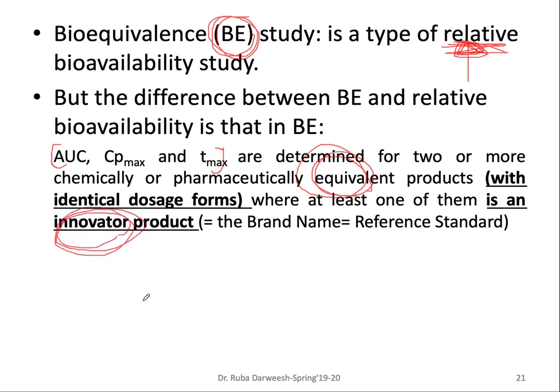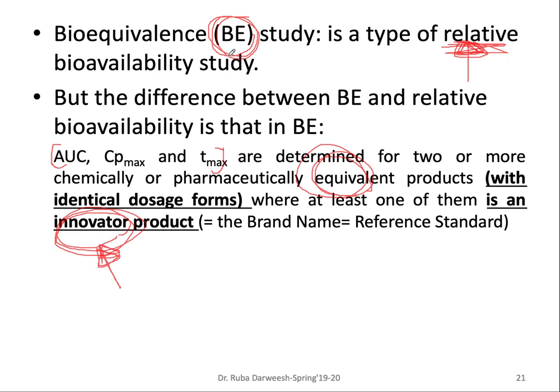Let's say we have a generic product that we produce in Jordan by Al-Hikmah, the Hikmah manufacturing company, compared to the same drug with the same dosage form produced by, let's say, Sanofi. So we are comparing it to the innovator, the standard in the market, the first one who produced the product.